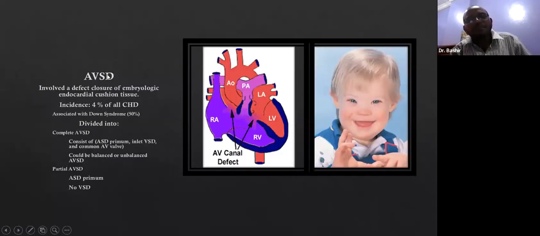AVSD, atrioventricular septal defect. What is it? This one, there is an ASD primum, there is an inlet VSD, and there is a common AV valve. So all the center of the heart, or the crux of the heart, is defective or absent.